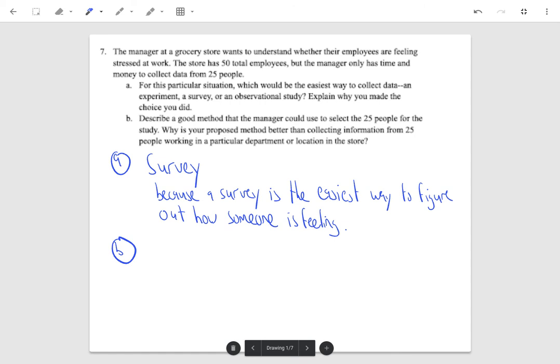Okay, so if we really wanted to select 25 people at random, the easiest thing we could do is to put all 50 employees, put all 50 names in a hat, and select 25 at random.